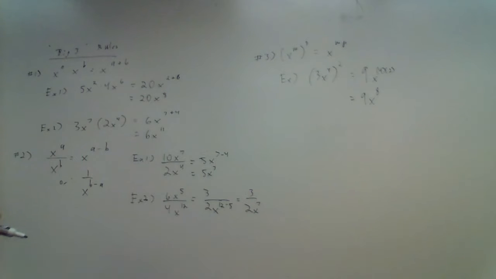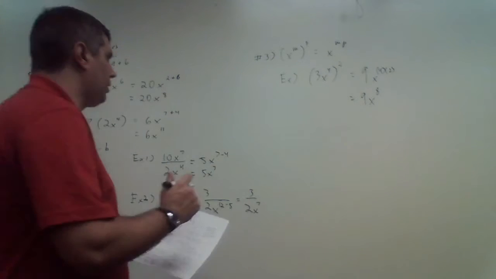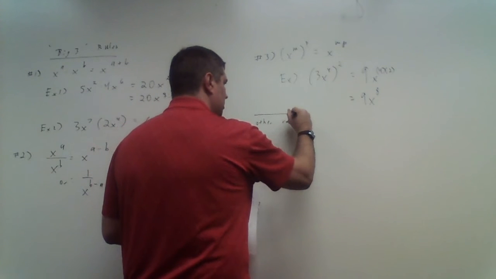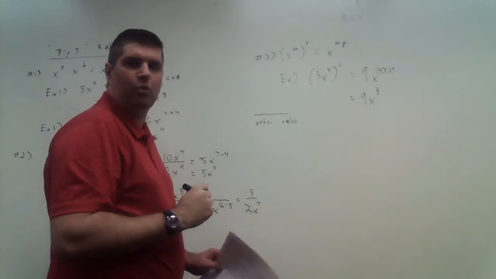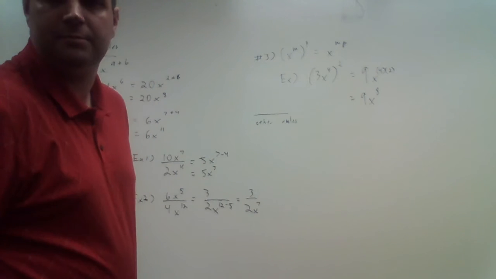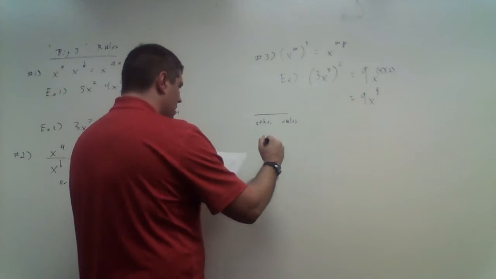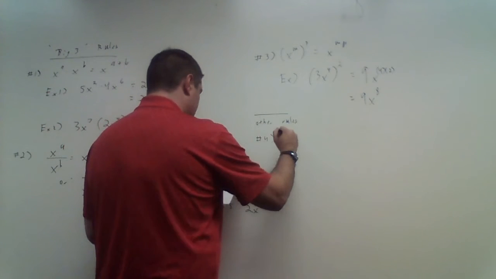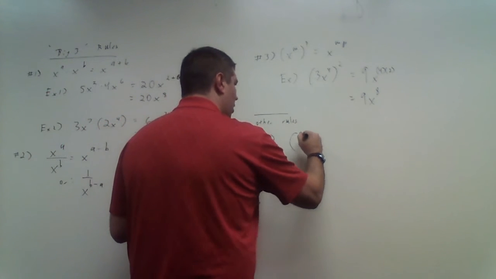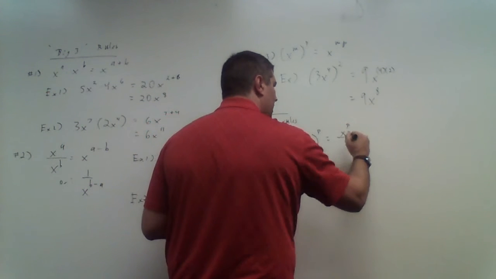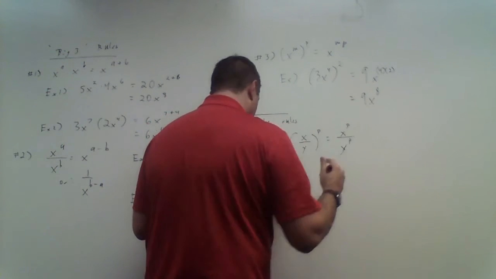So, other rules. Rule number 4: x over y to the p power allows you to raise the top and the bottom to the power.